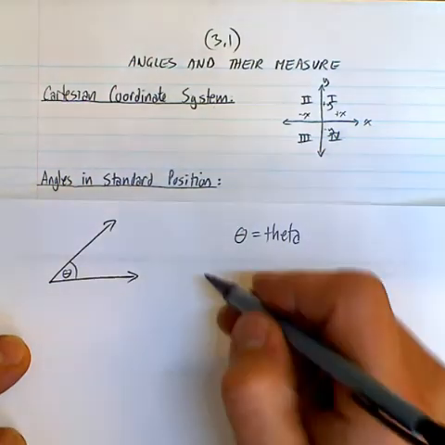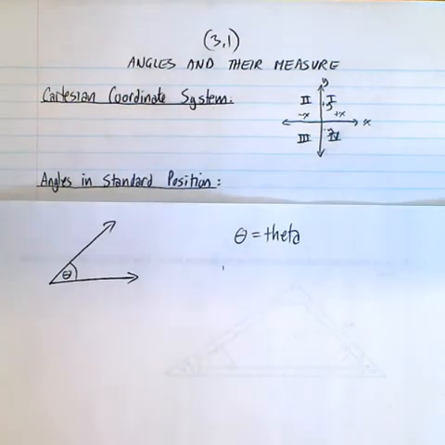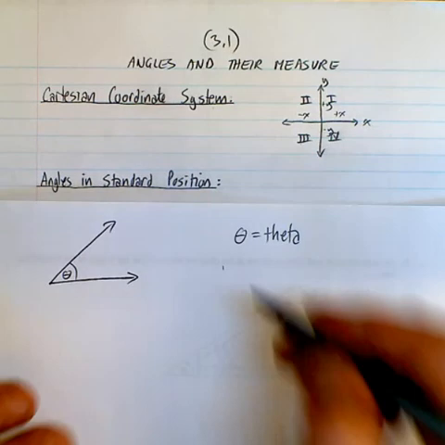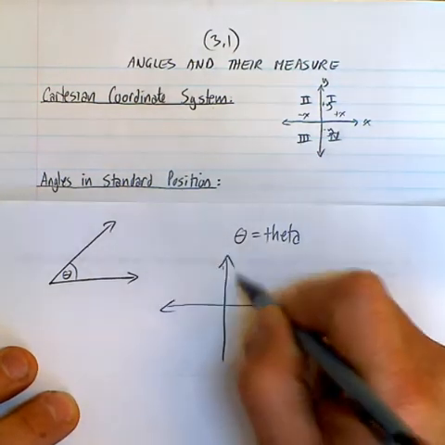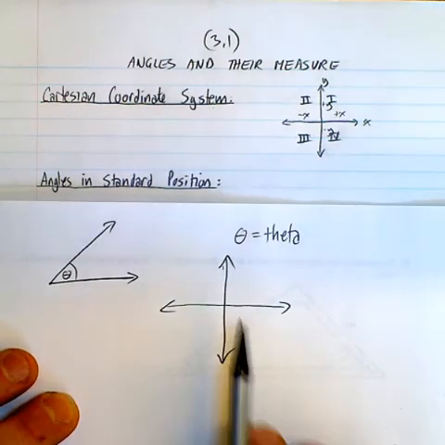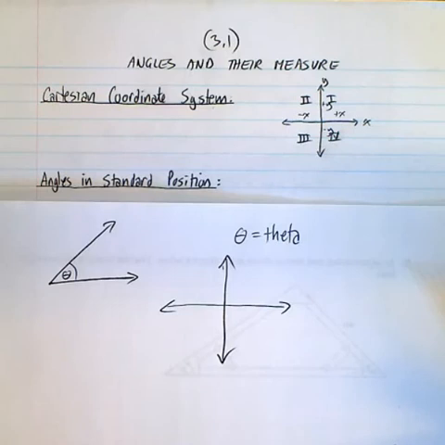Now, if I asked you where 0 degrees was in space, where would 0 degrees be? Let's say we're looking at an XY axis. A lot of people would jump at north, because if you look at a map, north is 0 degrees, okay?